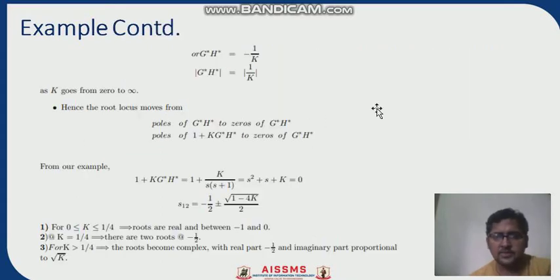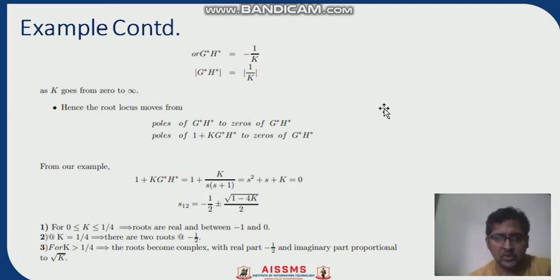So G(s) equals minus 1 by k, which means k goes from 0 to infinity. Hence the root locus moves from the poles of G*H to the zeros of G*H.